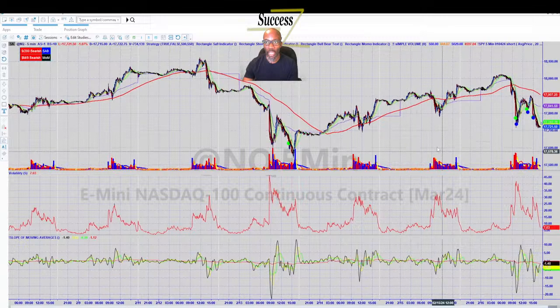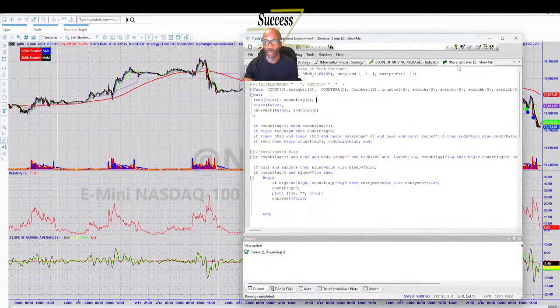All right, but again, it didn't pull up the strategy, right? So we can do the same thing. We can go here to the reversal ES to show me, and then we'll say that in order for red C to populate, we have to have the symbol equal to at ES.D and bar interval. Well, we know what the bar interval needs to be because that's the only thing we have going for this.